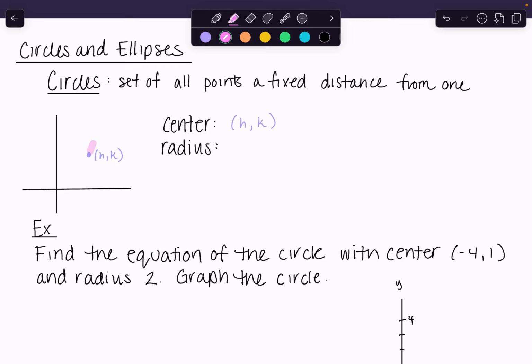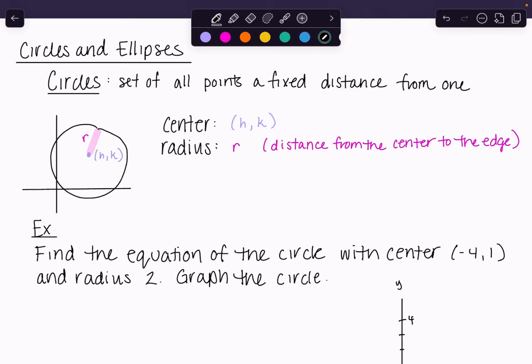Then you have that fixed distance, which is called the radius. So that is r. It's the distance from the center to the edge. Okay. And then you're looking at all points that have that distance, so it creates a uniform circle around it.